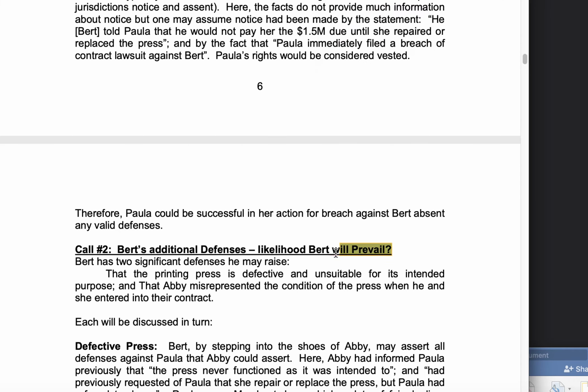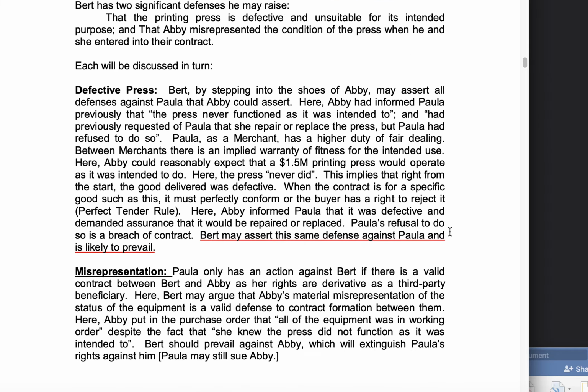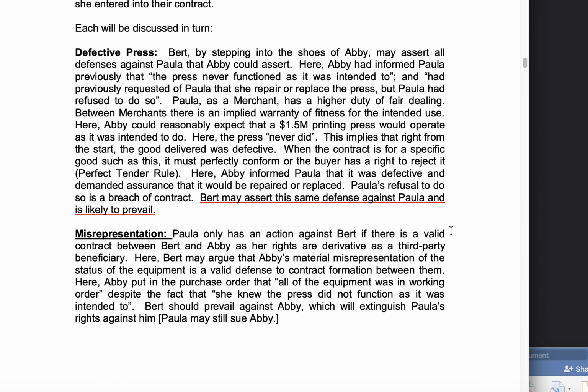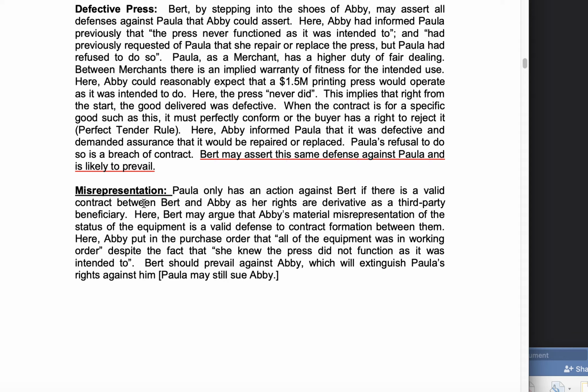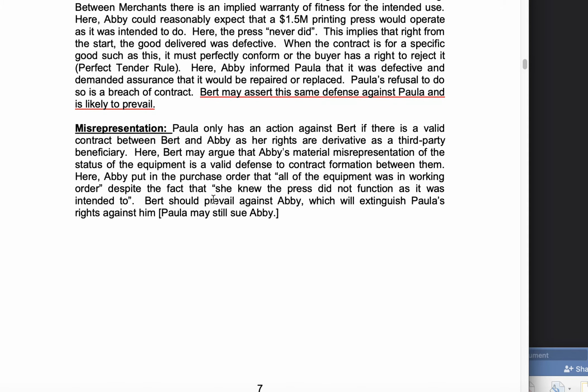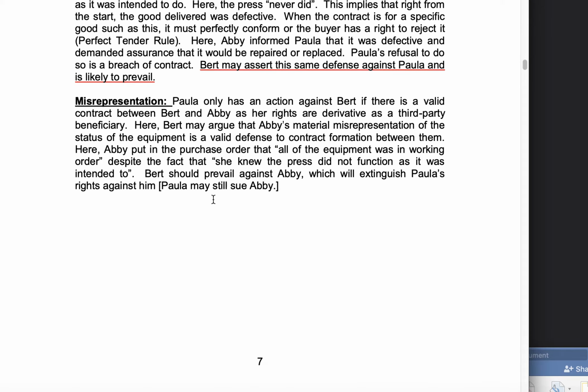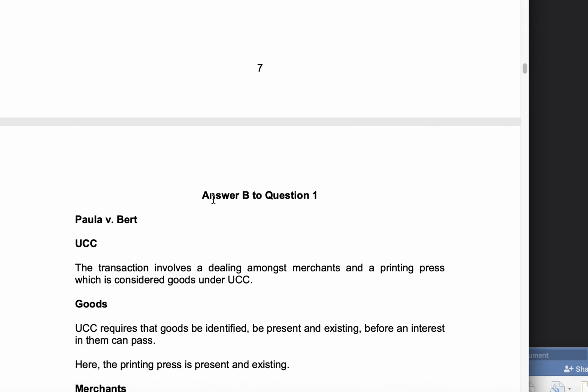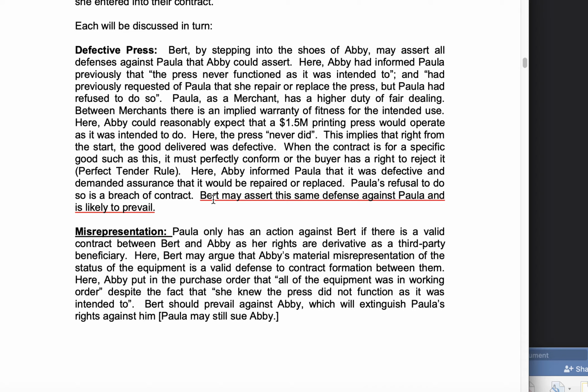Let's see if I can do that. And misrepresentation. Paula only has an action against Bert if there's a valid contract. So, okay, they may have a model answer that has what they're looking for was warranty.